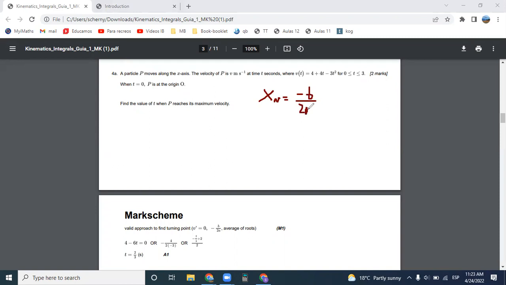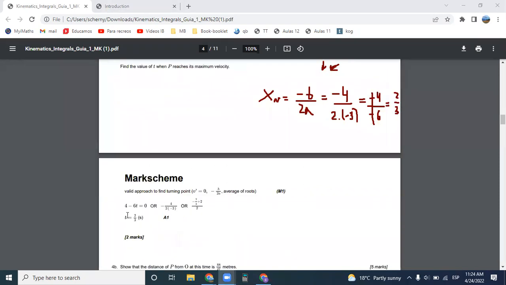So now we should know the values of b and a. b is the one that is multiplying the t, so 4, so minus 4 over 2 times a. And a, as we mentioned before, is the main coefficient, which is minus 3. So we get minus 4 over minus 6, which is negative over negative, positive, so 2/3. Okay, and as we see in the answer, t is 2/3 of a second. Great, so this is the formula.